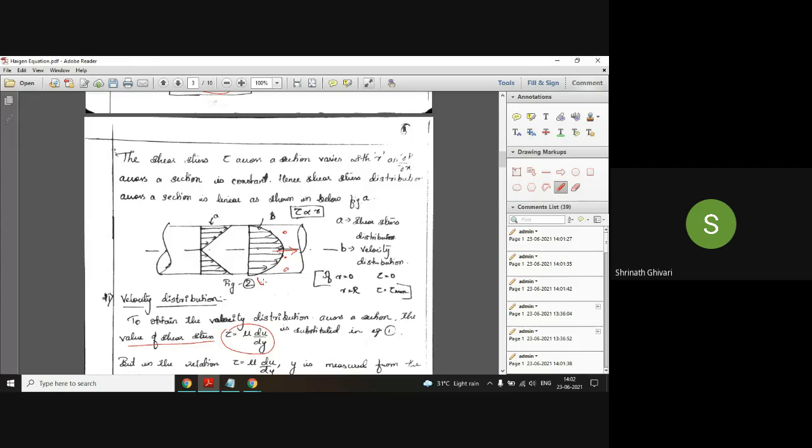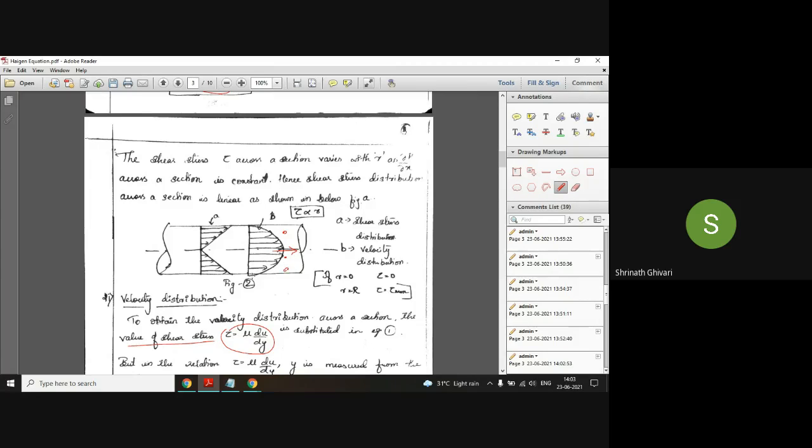Here it is 0, here it is some value like 1, 2, 3, 4, 5, then 4, 3, 2, 1, like this, because at the end it is going to be 0. I don't know what the average velocity of the viscous fluid flowing through the pipe is.